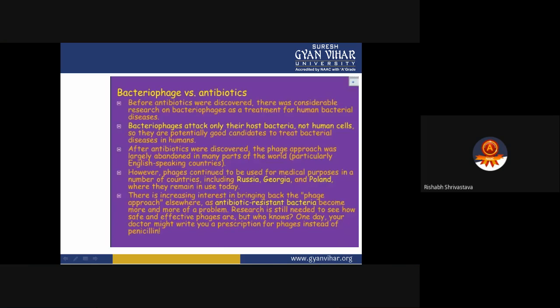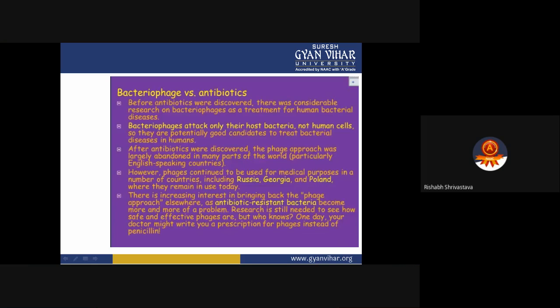After antibiotics were discovered, the phage approach was largely abandoned in many parts of the world, particularly the English-speaking countries. However, phages continued to be used for medical purposes in a number of countries, including Russia, Georgia, and Poland. They are still used there today.